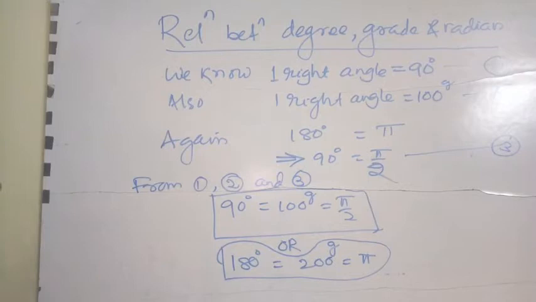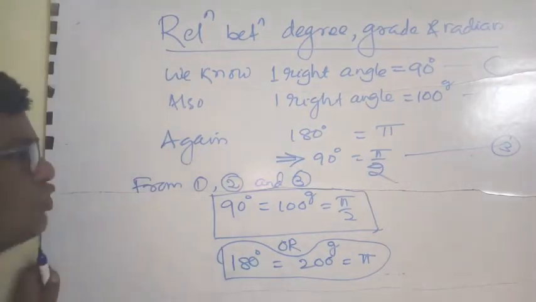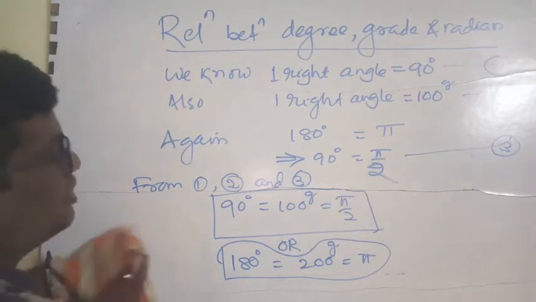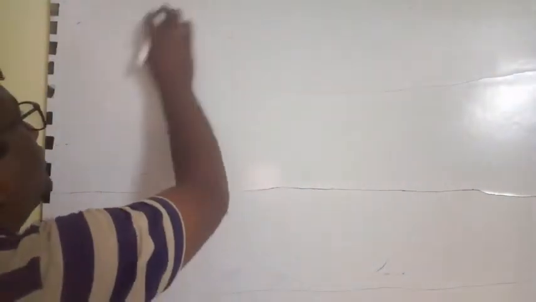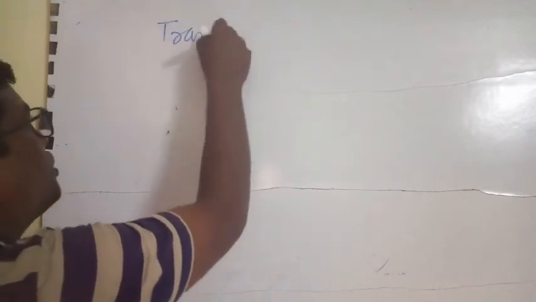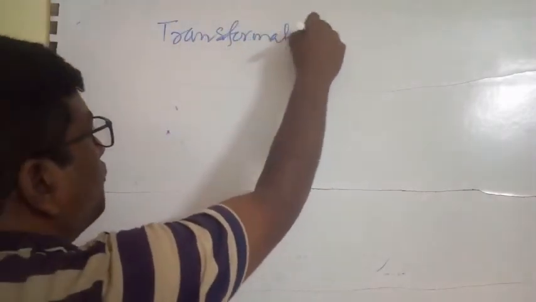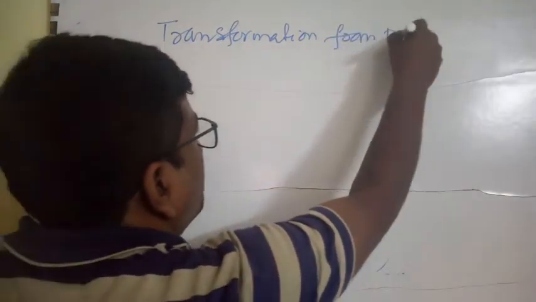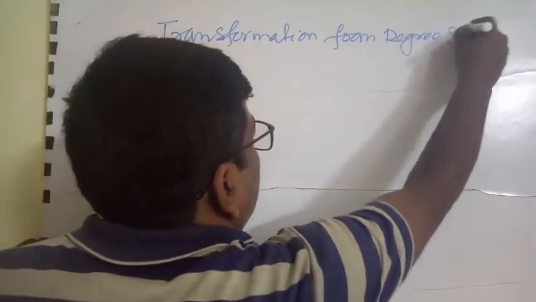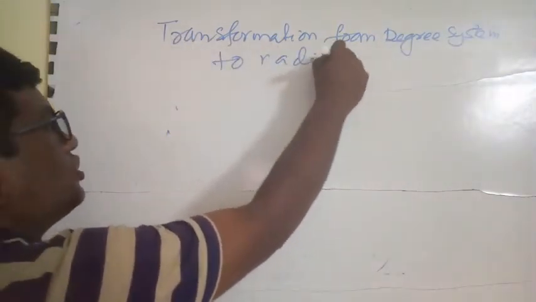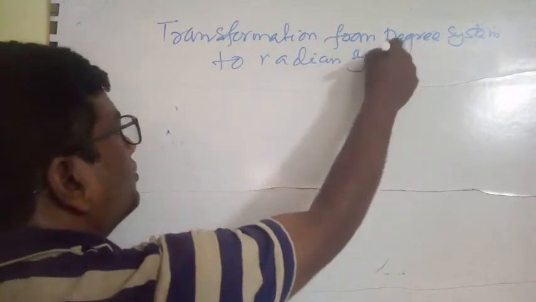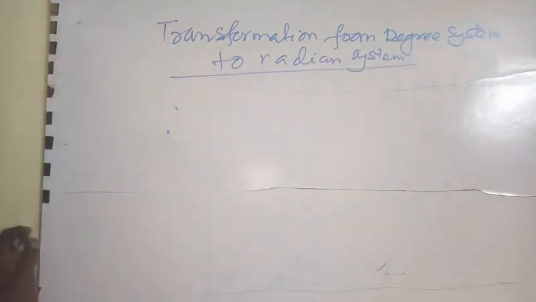Now how to convert from degree system to radian system. Let us discuss the transformation from degree system to radian system.